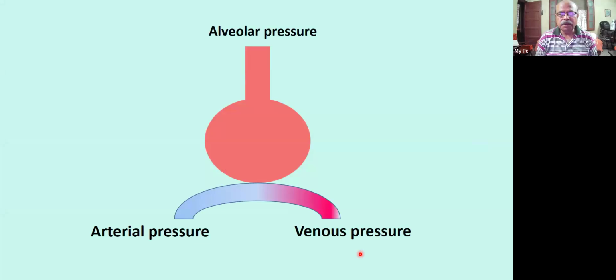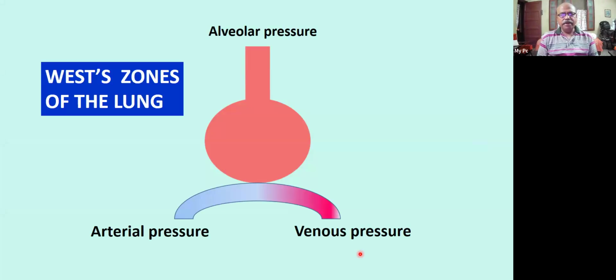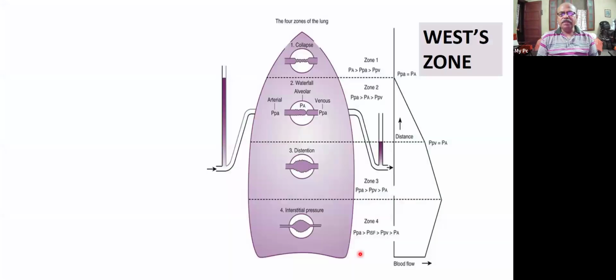So if you again take this model, the three pressures, the arterial pressure, the venous pressure, and the alveolar pressure, these three pressures actually determine the flow of the blood through the pulmonary capillaries, and based on these, West has divided the lung into its zones that we have studied right from our MBBS days. So this is the schematic picture of the West lung zones.